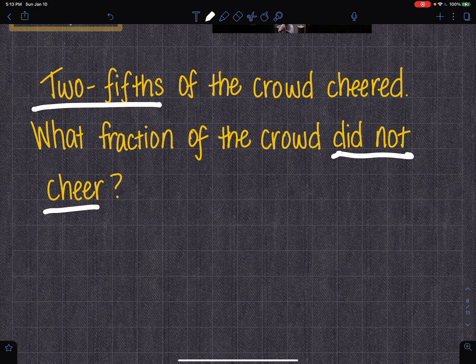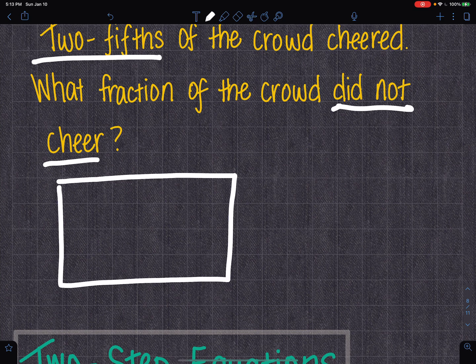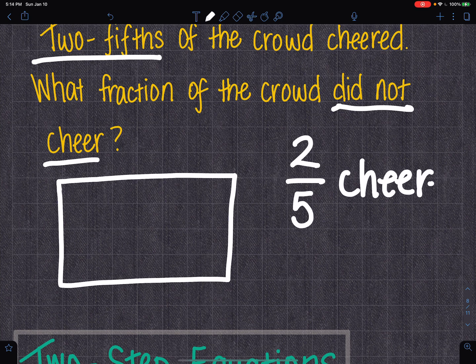Okay, so we're going to think about a crowd as if they're in a big gymnasium or a big stadium, okay? And then I'm going to divide that stadium into 5 equal parts because it says 2/5 cheered. Okay, so I'm going to divide it into 5 parts.